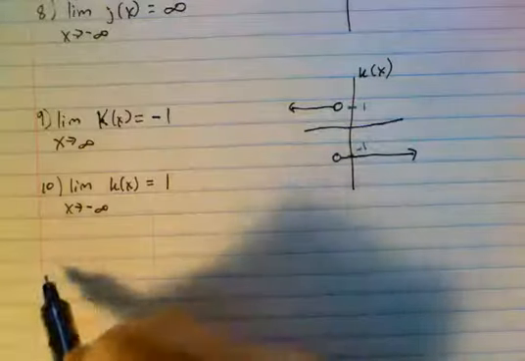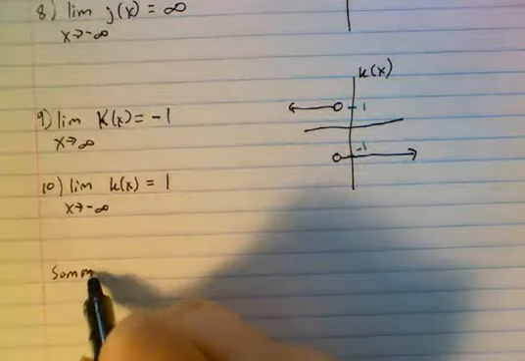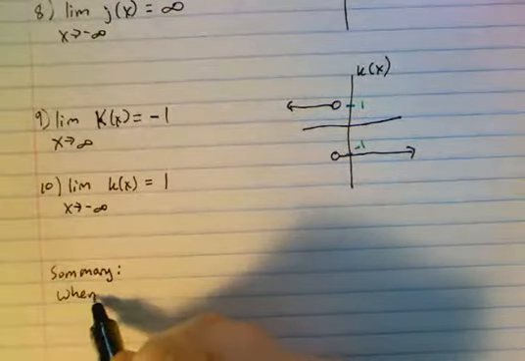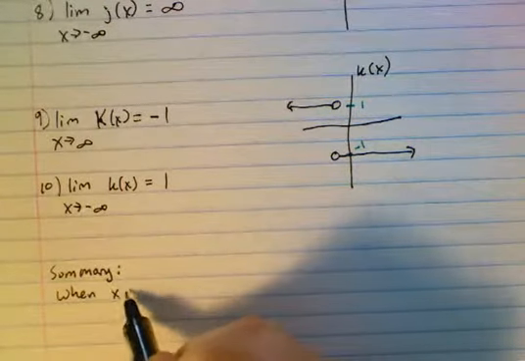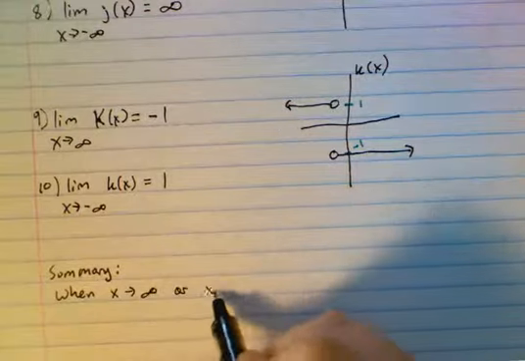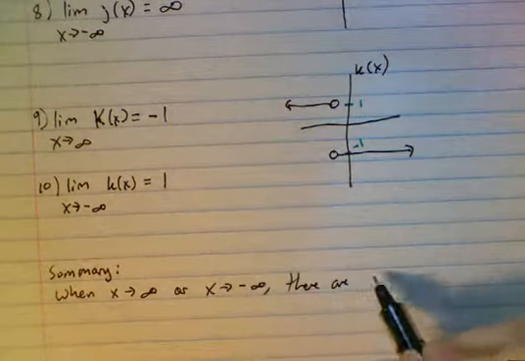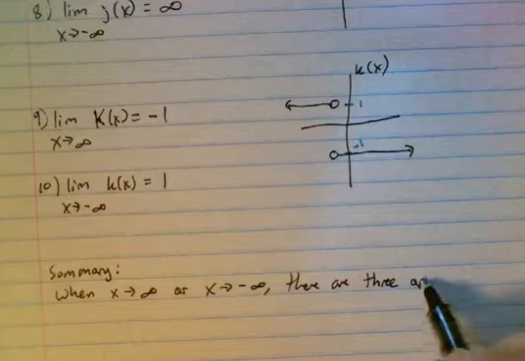So to summarize, when x approaches infinity or x approaches negative infinity, there are 3 options.